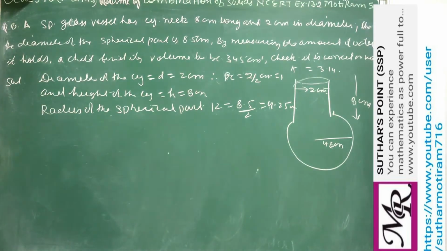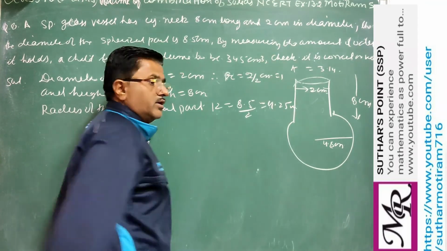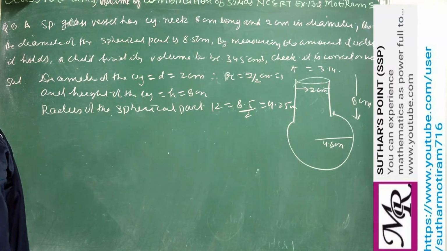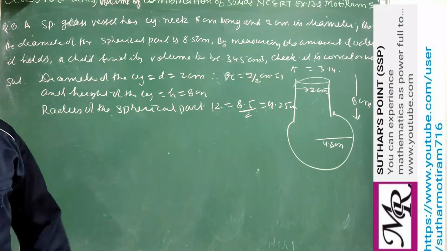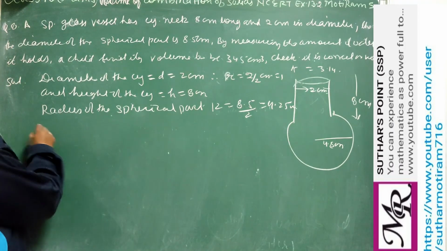So we are given all the dimensions. Now the question says the child found its volume to be 345. Then you have to check whether this volume is correct or not. So the required volume will be the volume of the cylinder plus the volume of the sphere. All the dimensions are given.